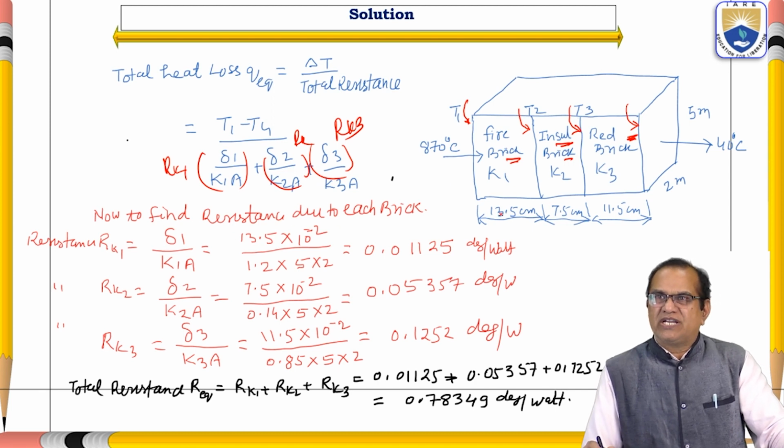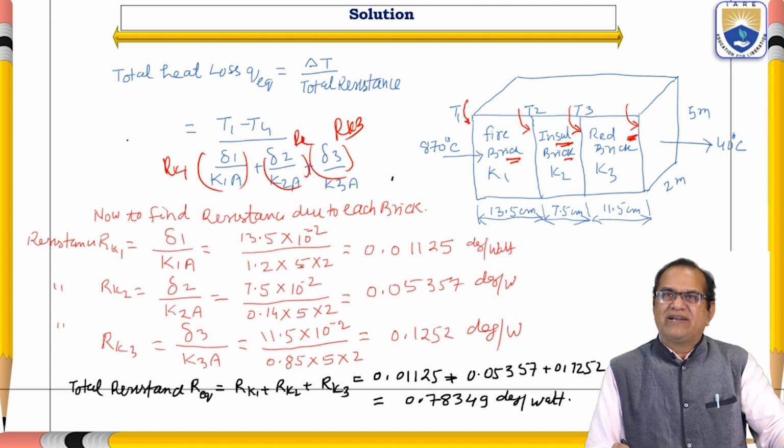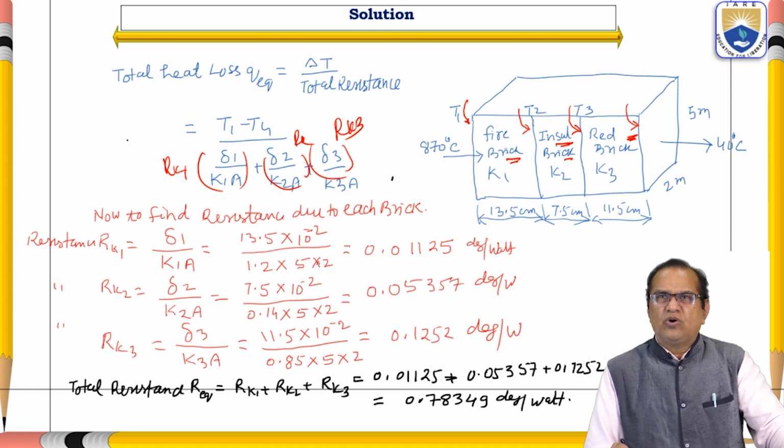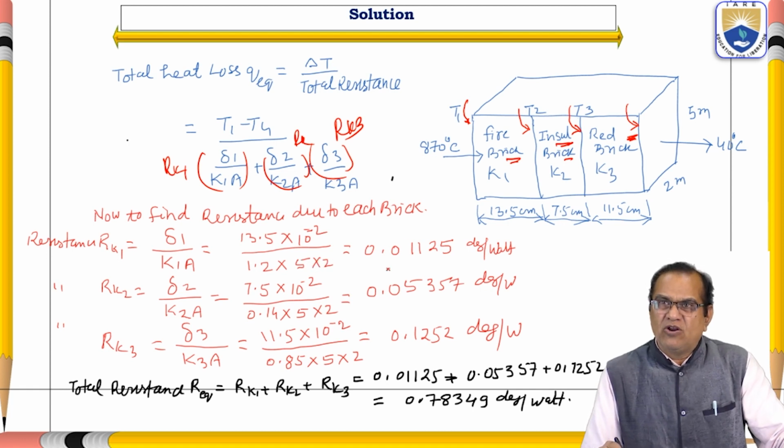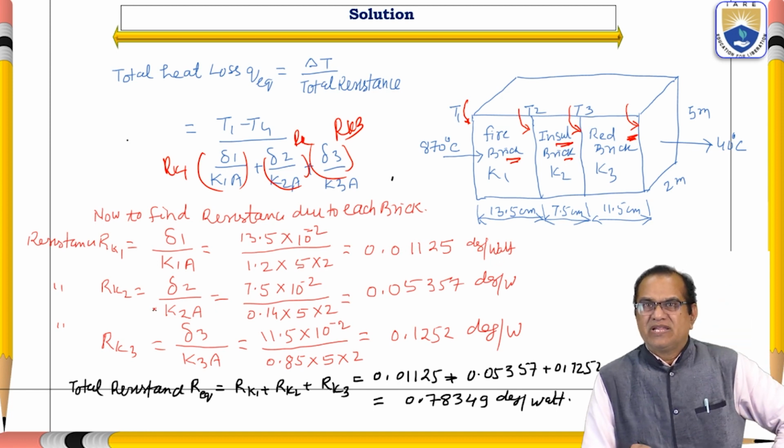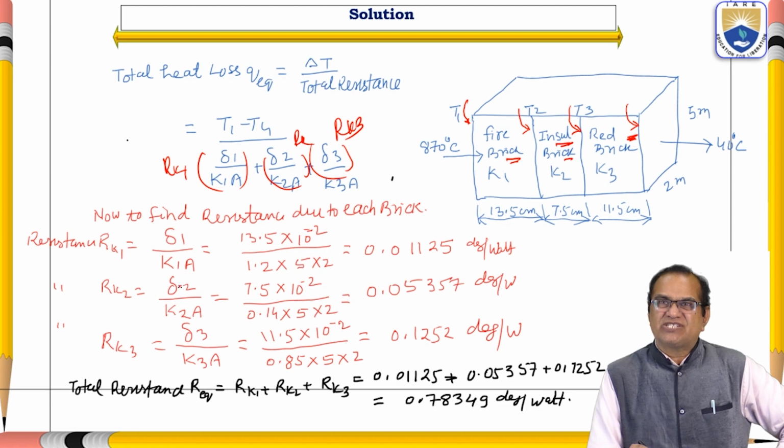Delta 1 is equal to 13.5 into 10 to the power minus 2 divided by K1, which is 1.2, and area is 5 into 2. So the value of this you will get 0.01125 degree per watt.